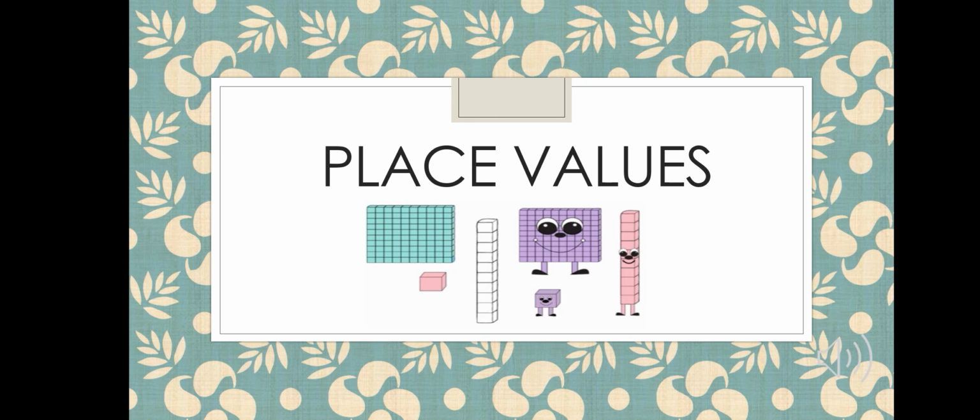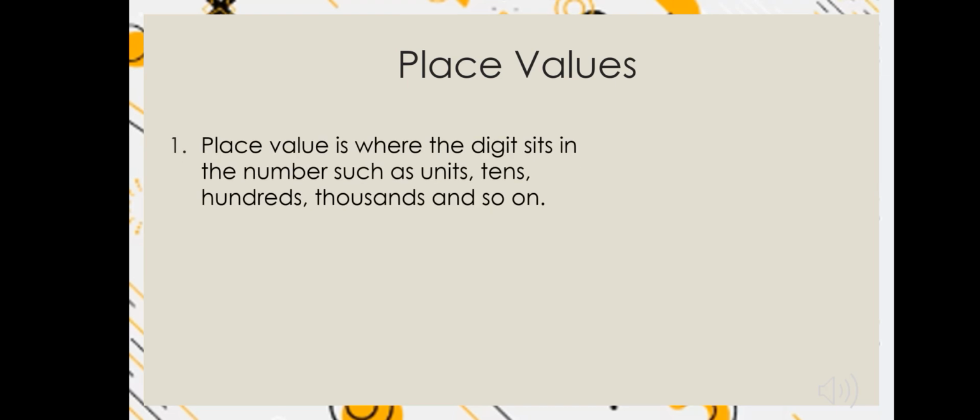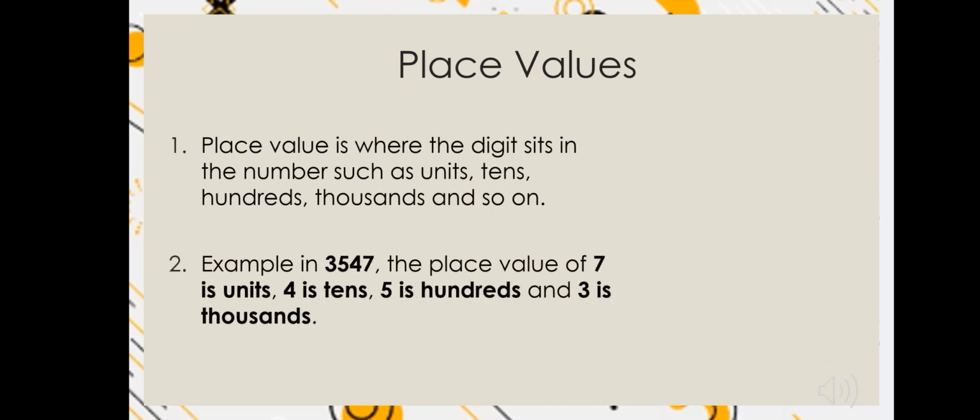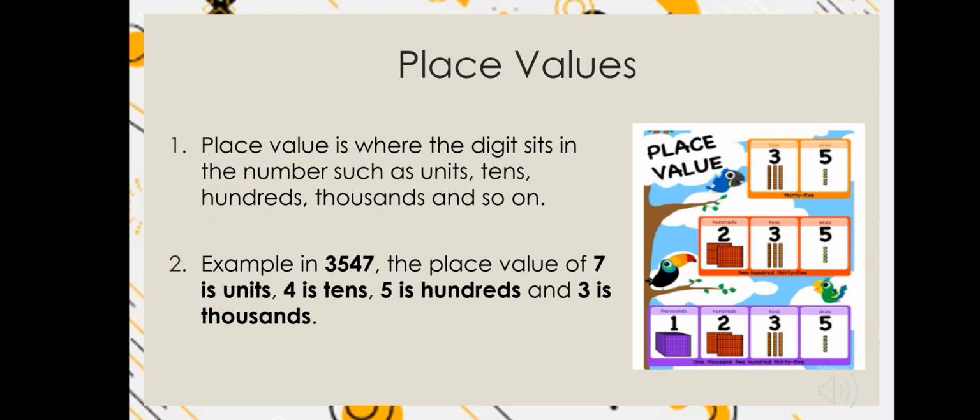The topic which we are going to learn today is place values. The term place values is used for the digits which sit in the numbers, such as units, tens, hundreds, thousands, 10,000s, 100,000s, and so on.